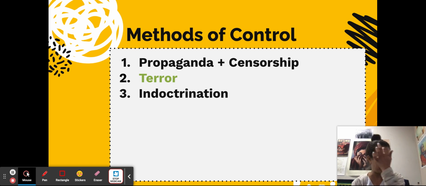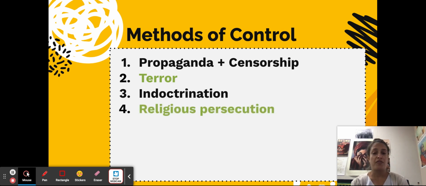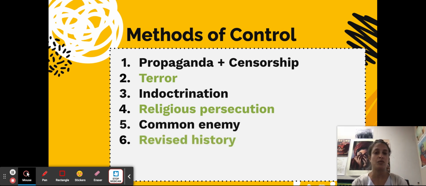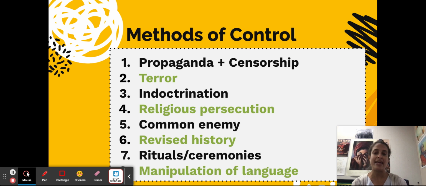And again, if you forget what these words mean, just go back to your vocab section. Number 4, religious persecution. 5, finding a common enemy. 6, revised history. 7, rituals and ceremonies. And 8, manipulation of language. For today's class, we are going to look at methods of control 1 through 5.